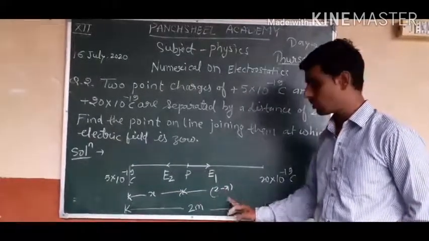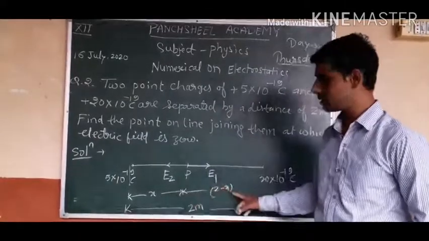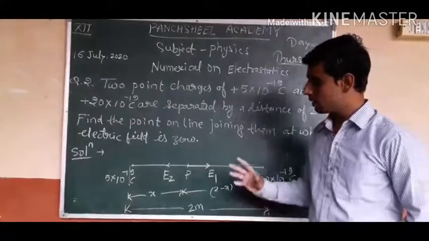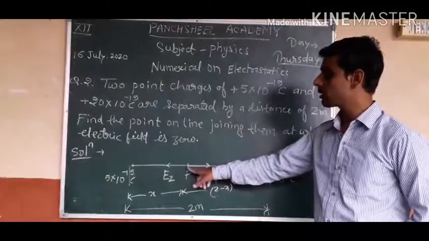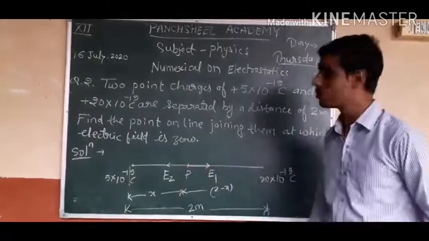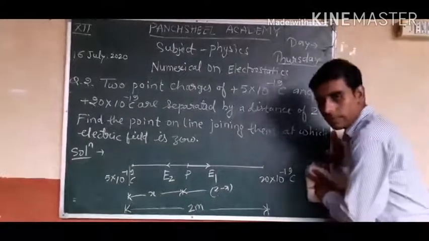Why 2 minus x? Because the total distance is 2 meter. So if this is x, the remaining is 2 minus x. The condition is that the electric field at point P, E1, equals E2. So solve this and you will get the answer.